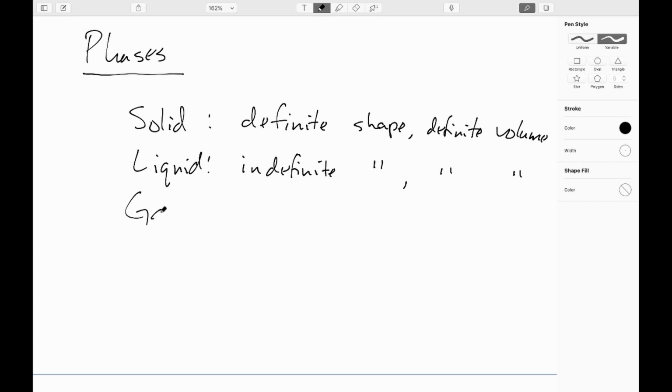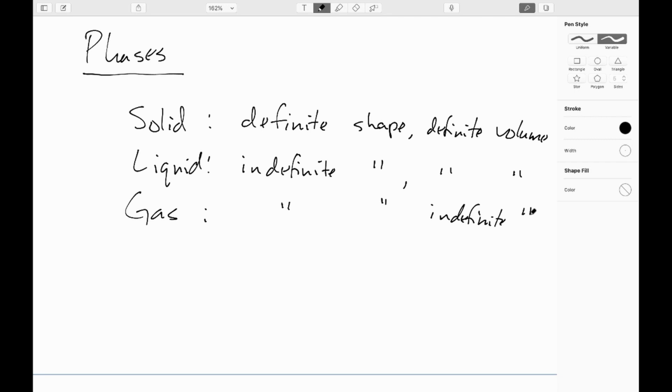A gas is hallmarked by having both an indefinite shape and an indefinite volume. In other words, gases will always expand to fill the container that they're in.